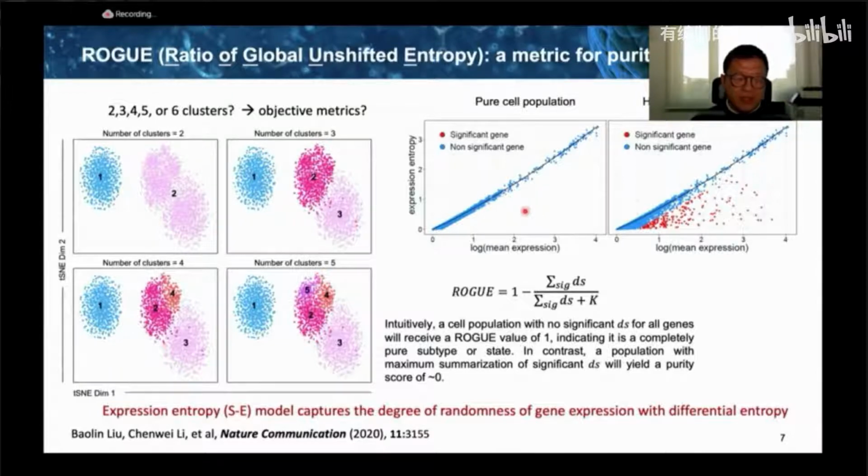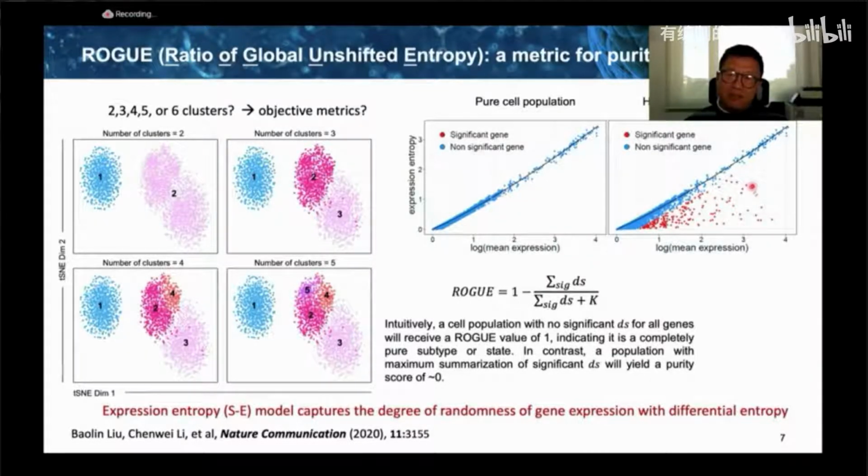What we did was that based on the work by Chen-Wei Li and Pauline Liu, they found out that if you take a pure cell population, the mean expression for a given gene forms a really linear relationship with its expression entropy. So each dot means 1 gene. But if you start to have a heterogeneous cell population, some of the genes start to drop down from this linear relationship.